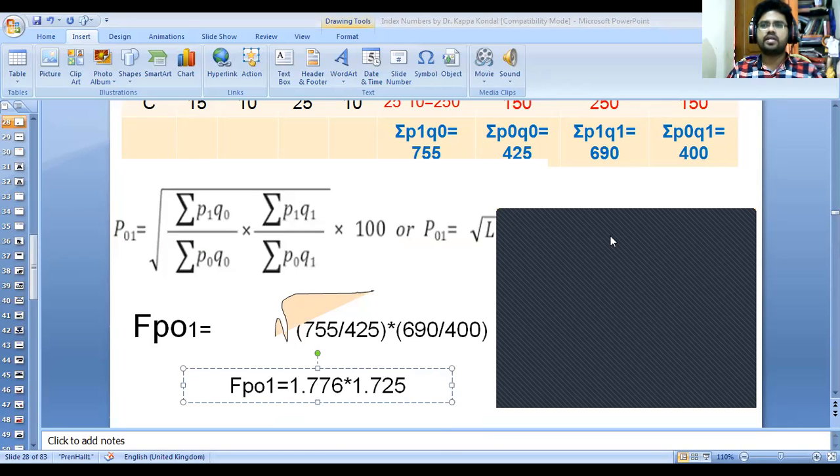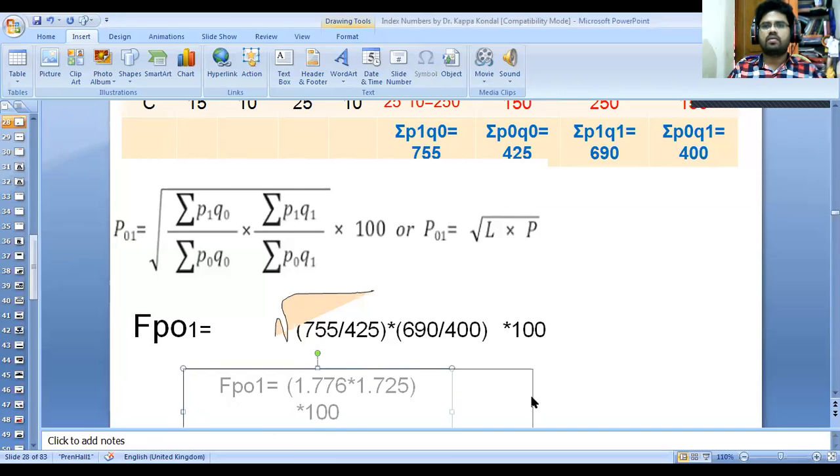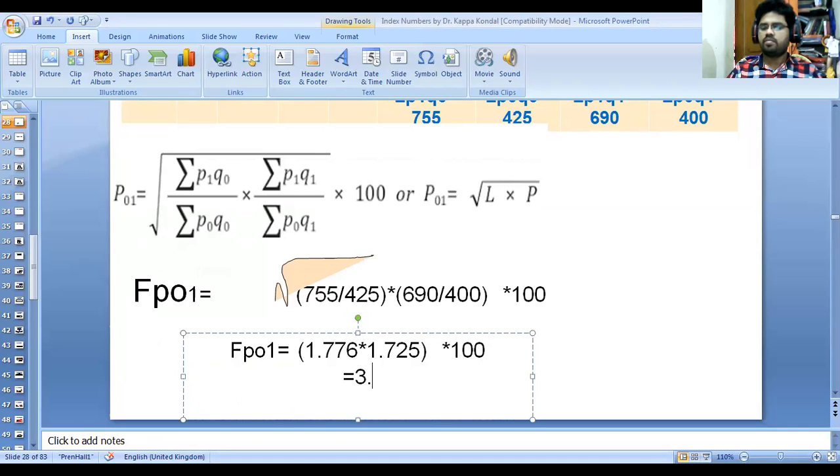Can anybody calculate it? 3.06, right? So into 100. So it should be under root here also. You can put it in your notes. It should be under root.